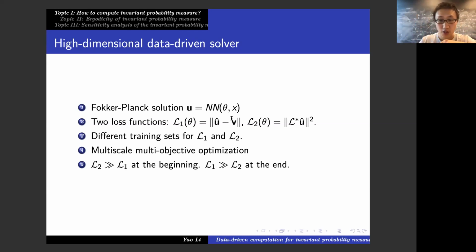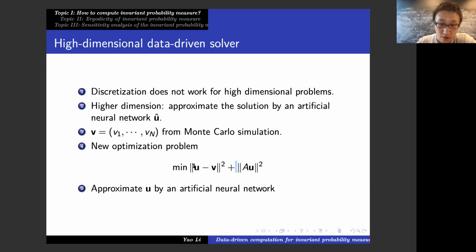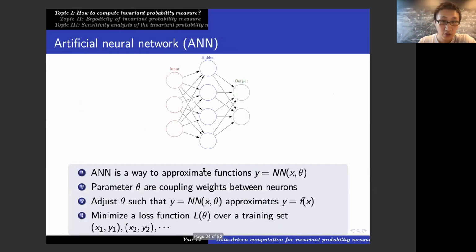Still, you have some very noisy data, which means you cannot reduce L1 to 0. You can reduce L2 to somewhere very close to 0, so in the end, L1 is much larger. So it's almost not possible for you to set up a weight for L1 and L2 manually, unless you manually adjust the weight during the training.